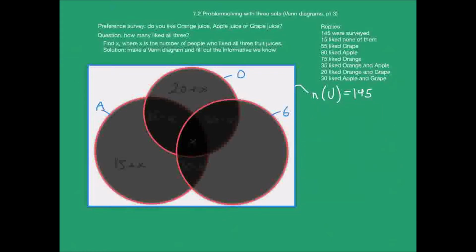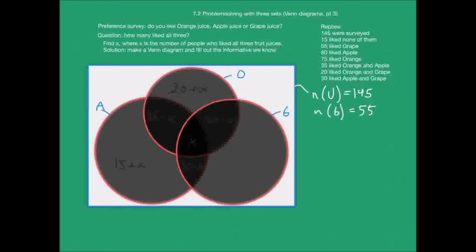And we'll do the same for n. Okay, so the number of elements in G, or the number of people who liked grape juice, that was 55 people. So, oops, that's this circle here. All of that is 55 people.